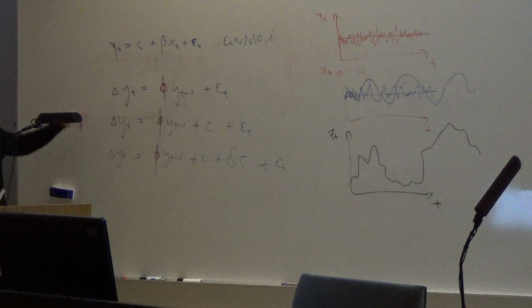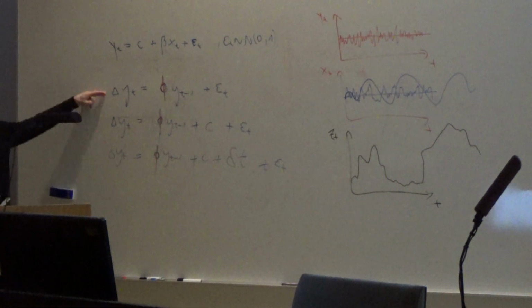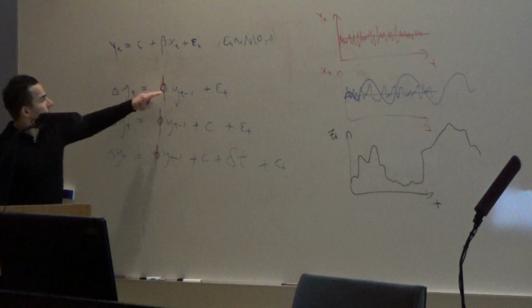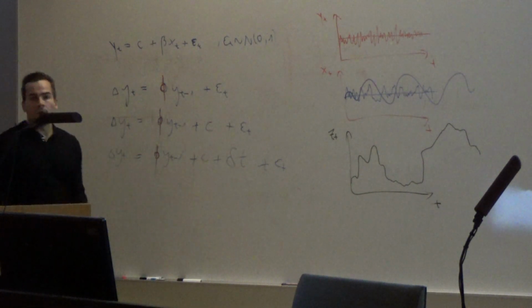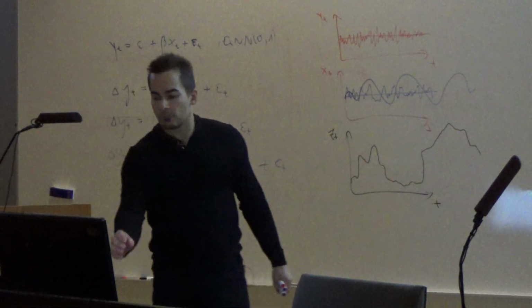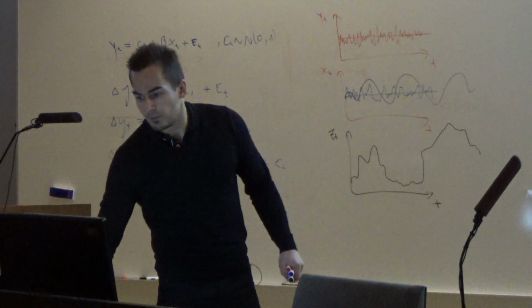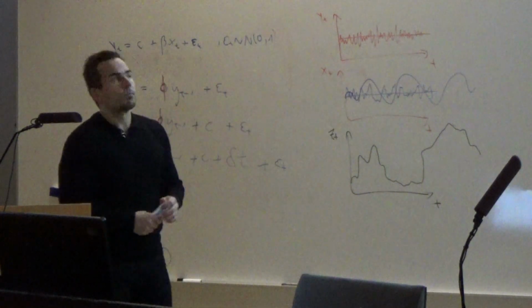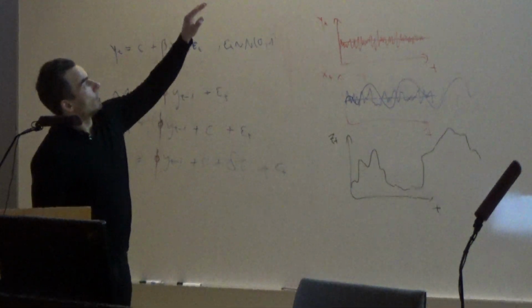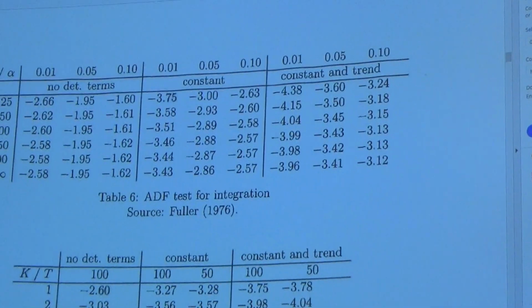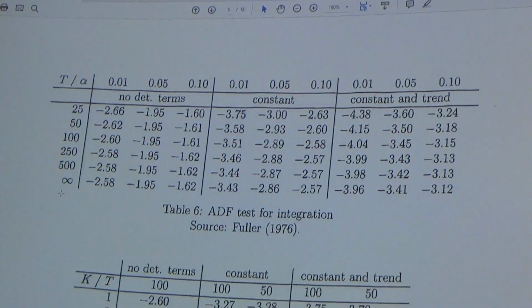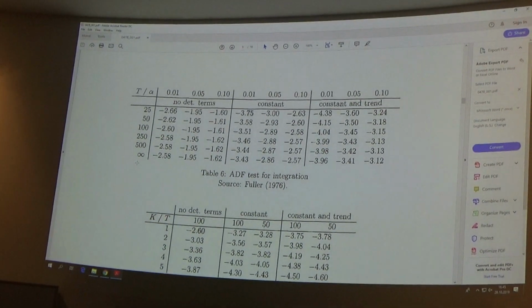Depending on your test specification, you check the t statistic of this phi, and then there's the standard table that every econometrician uses. Let's say you have 500 observations and you want a significance level of 5%, then we are in the second column, 0.05, 500 observations.